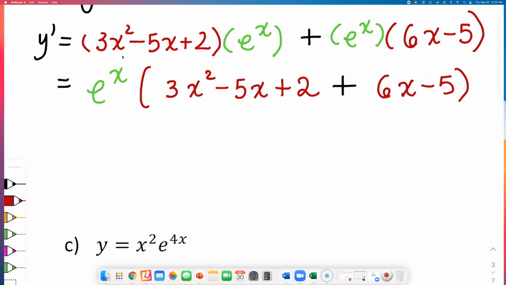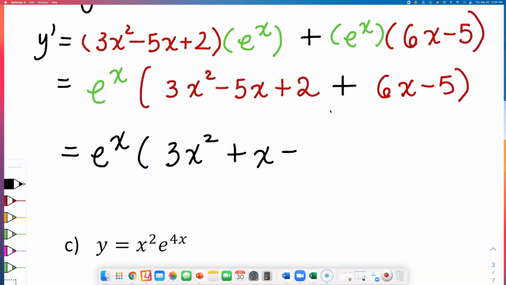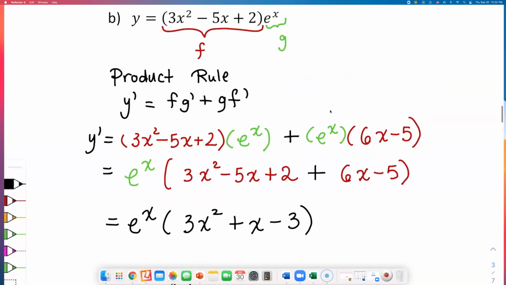And it looks like we can simplify the like terms inside this parenthesis. So what is our final answer? We'll have our e to the x times 3x squared plus x minus 3. And that's where I would stop for this problem.